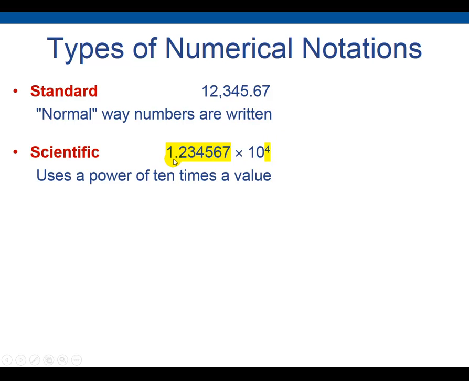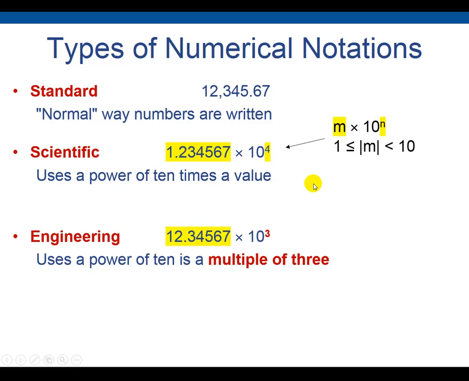The format of scientific notation is m times 10 to the nth power. The value of m should be higher than 1 and less than 10. In engineering notation, it's the same format, m times 10 to the nth power.